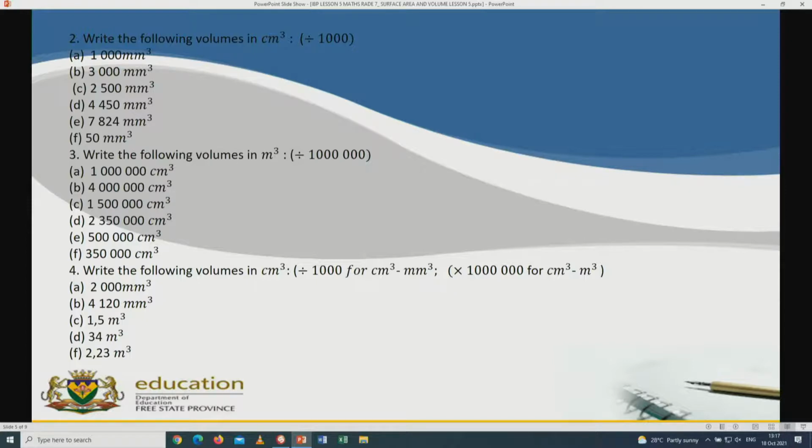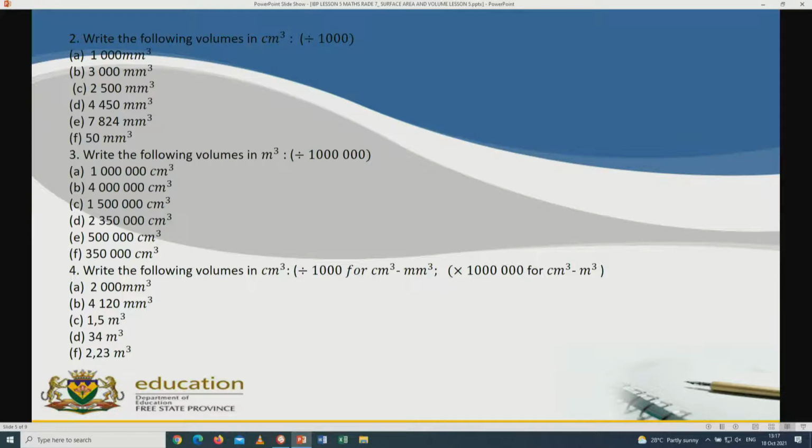And therefore now let's check. When we are converting to cubic centimeters from cubic meters, what do we do? We will definitely multiply by 1 million.